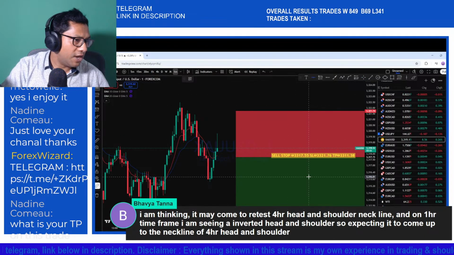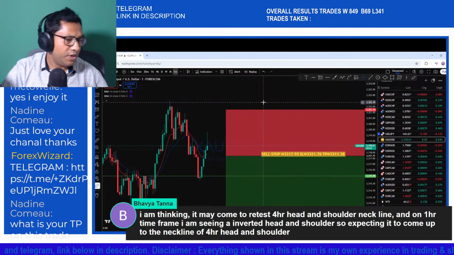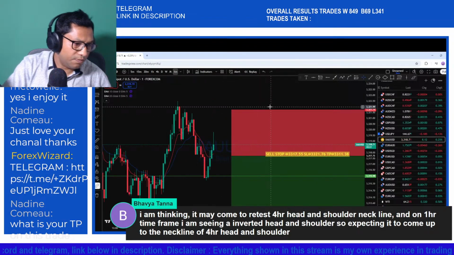So the price dropped to that neckline, and from here we saw that there was an initial bounce.